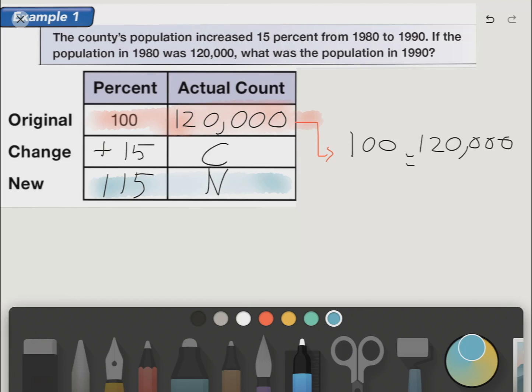Then bringing ours from the bottom, we can say that the 115% working as a ratio of the original 100%, and then that will be essentially an equal ratio to 120 to the new number.